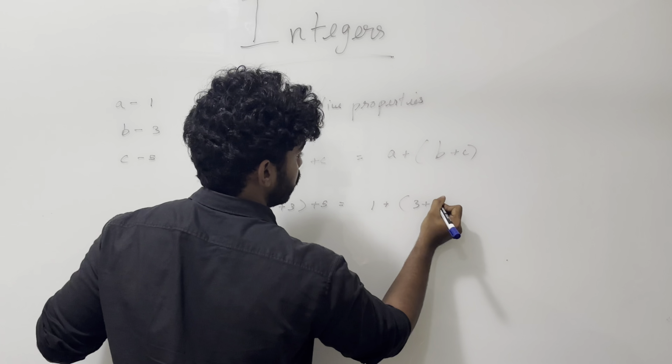Let us look at the associative property. And just like addition, multiplication also shows associative property, where A into B into C is equal to A times bracket of B into C. Next is the distributive law of multiplication.